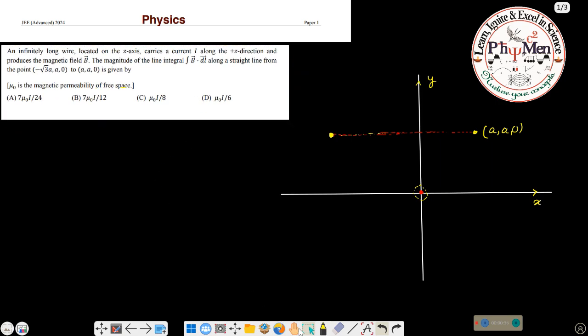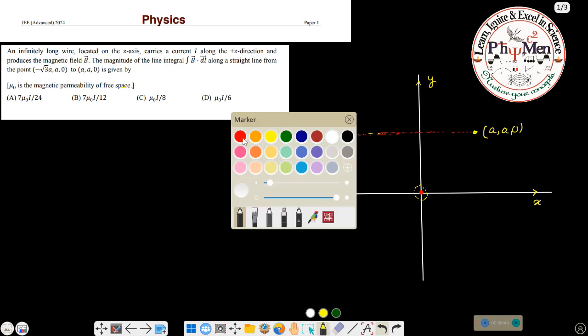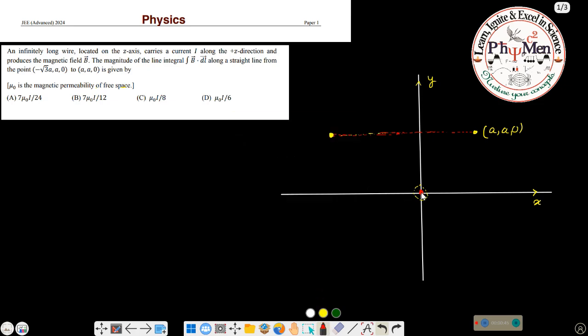The question says, an infinitely long wire located on the z axis. This is x, this is y, and this is the z axis going into the screen.